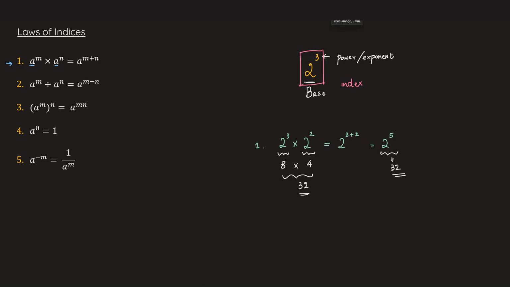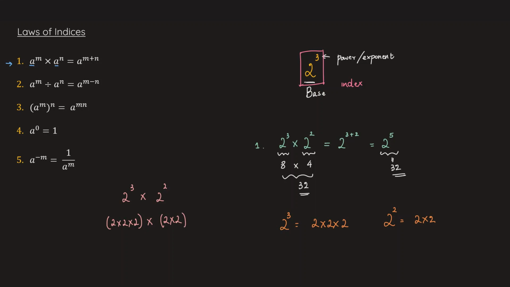Well, to understand that, let's expand this. So 2 to the power 3 is basically 2 times 2 times 2, and 2 to the power 2 is simply 2 times 2. So when you're saying 2 to the power 3 times 2 to the power 2, what you mean by that is 2 times 2 times 2, that is 2 to the power 3, times that by 2 to the power 2, which is 2 times 2.